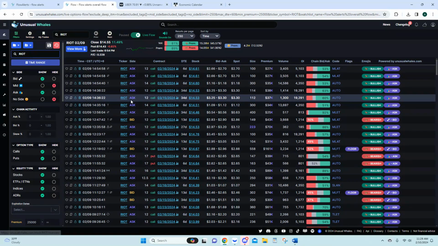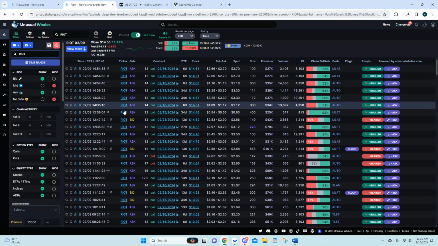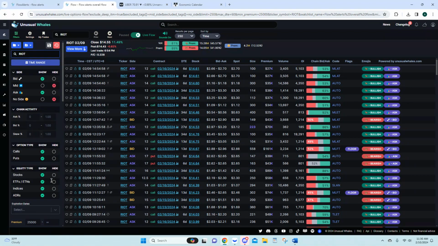So looking at the flow feed here, and let's just see how much I got. So 25,000. And I like to do 60 days here for day trades. I like to do 30 days. Looking at the flow feed here, obviously we got these 12 calls for next week coming in, a little over 50K premium, 14 calls, 35K for next week.